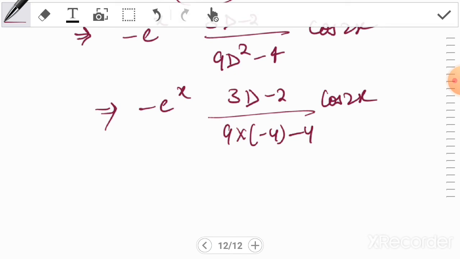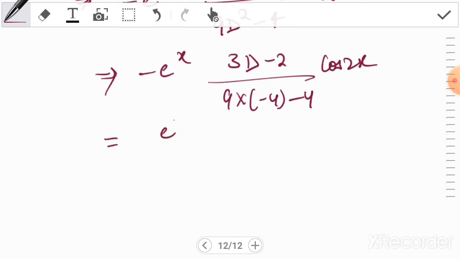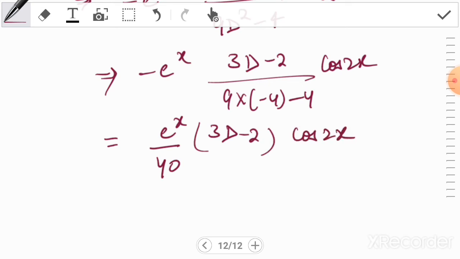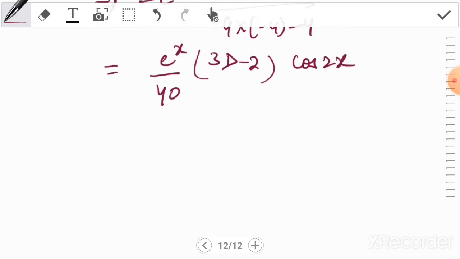So this is equal to e raised to the power x times 3D minus 2, and this is minus 36 minus 4, that is minus 40. So minus and minus gives plus, so e raised to the power x by 40 cos 2x.